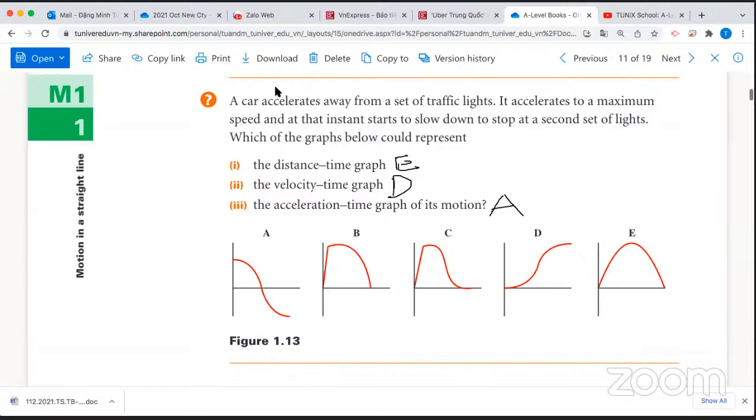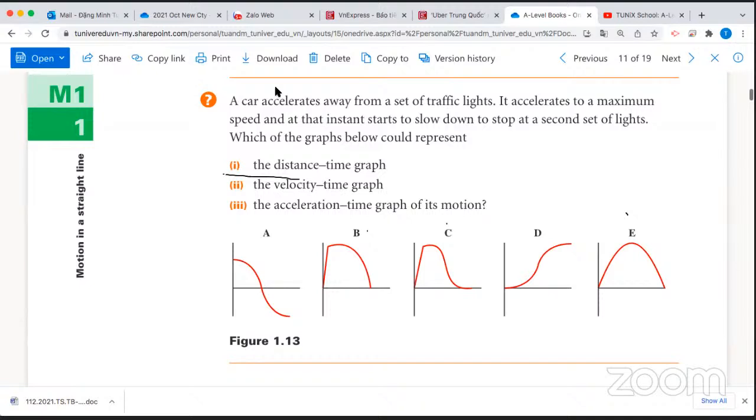It slows down immediately. It has to slow down. So B, C, or E for this scenario, the distance-time graph.